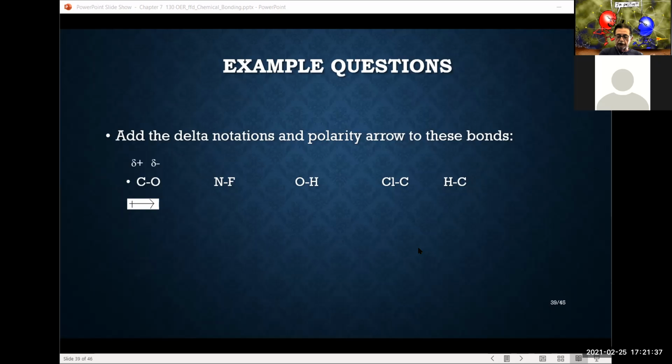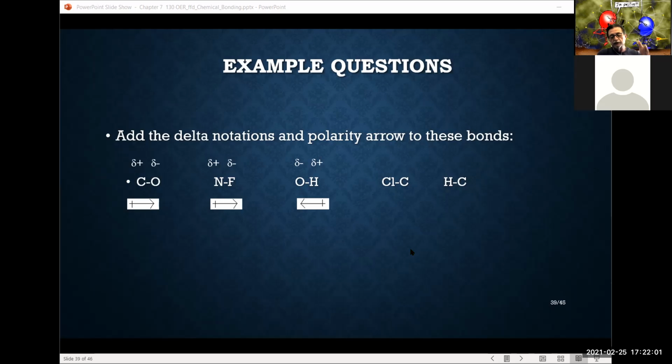Oxygen is a lot more electronegative, so the arrow goes from left to right. There's a partial negative on the oxygen and a partial positive on the carbon. The next one, the nitrogen and fluoride, should be a no-brainer because we know the fluoride is the most electronegative, so the arrow goes from left to right here. Okay. Oxygen, hydrogen, we did that in this scenario. Arrow goes from right to left.